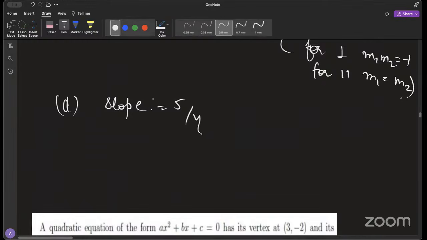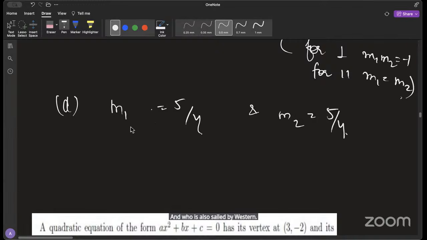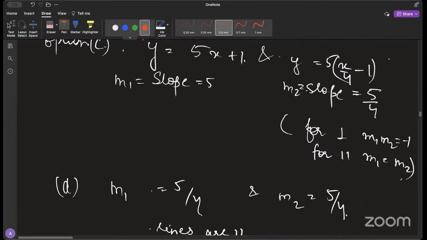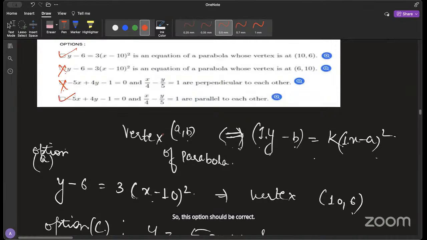So the slope in both the cases, M1 and M2, is the same. Yes, ma'am. M2 is also the same, 5 by 4. So that means the lines are parallel. So this option should be correct.